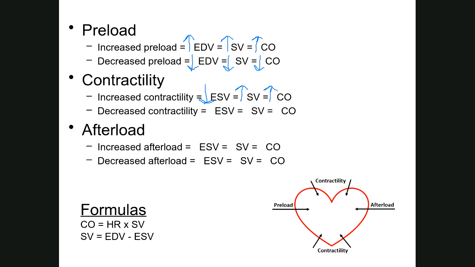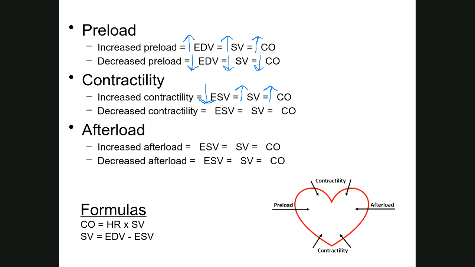And when stroke volume increases, we get an increase in cardiac output. If we have a situation where the heart's not beating with as much force, so we've got decreased contractility, then the heart's not squeezing as hard. If it's not squeezing as hard, more blood is going to stay in the left ventricle at the end of contraction.